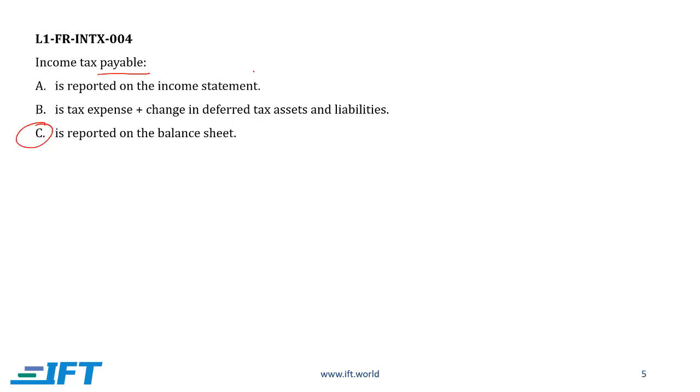Do we report it in your income statement? Absolutely incorrect. Income tax payable equals to income tax expense plus change in deferred tax. Again, it is actually income tax expense equal to income tax payable plus change in net deferred tax liability. It is the other way around. So option B is incorrect as well.